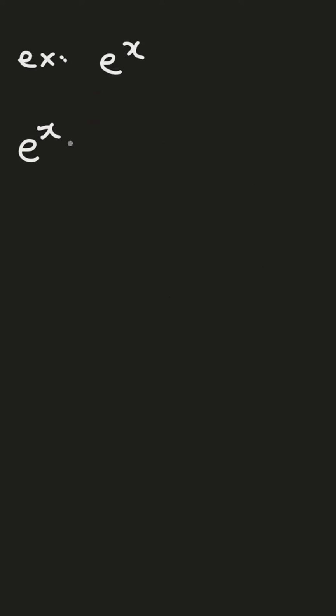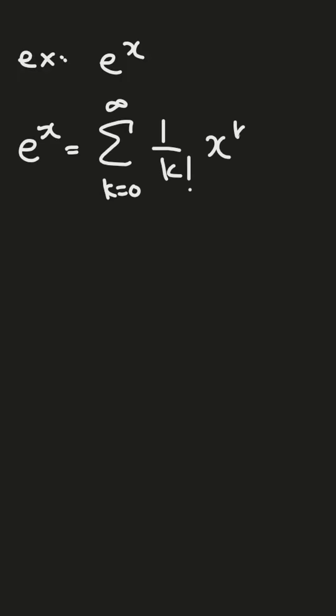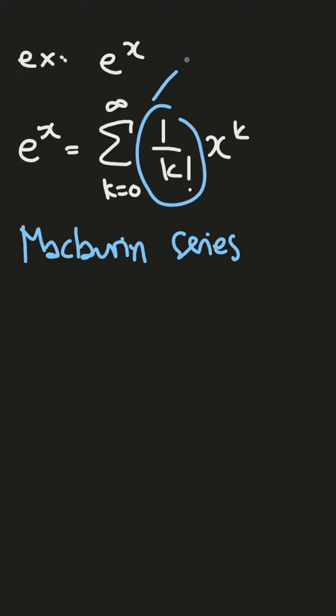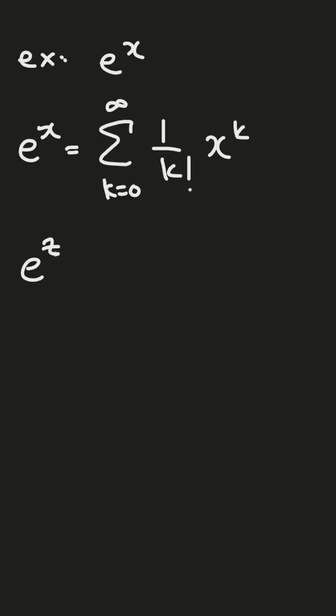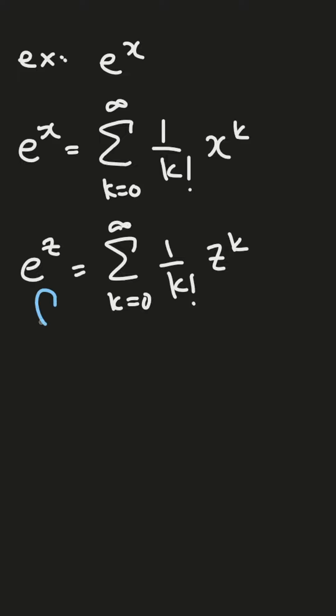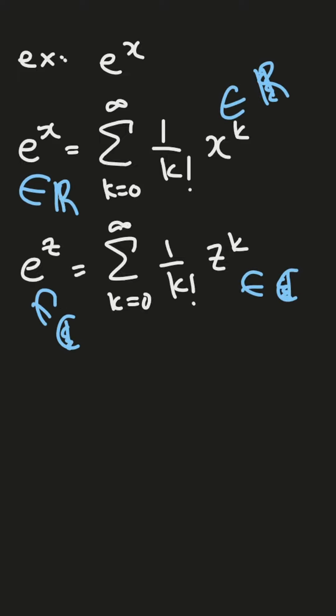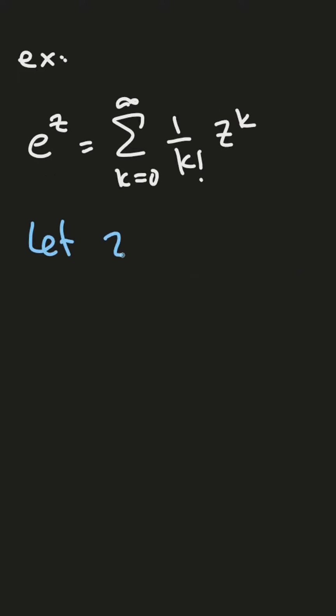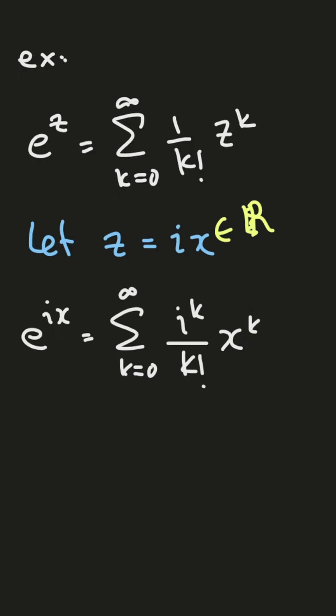So if I expand e to the x into a power series, we get this series expansion, the Maclaurin series, which here is a_k. We can input x as a complex number too, with different input and output. Then let z equal ix, where x is a real number, so we get this expansion.